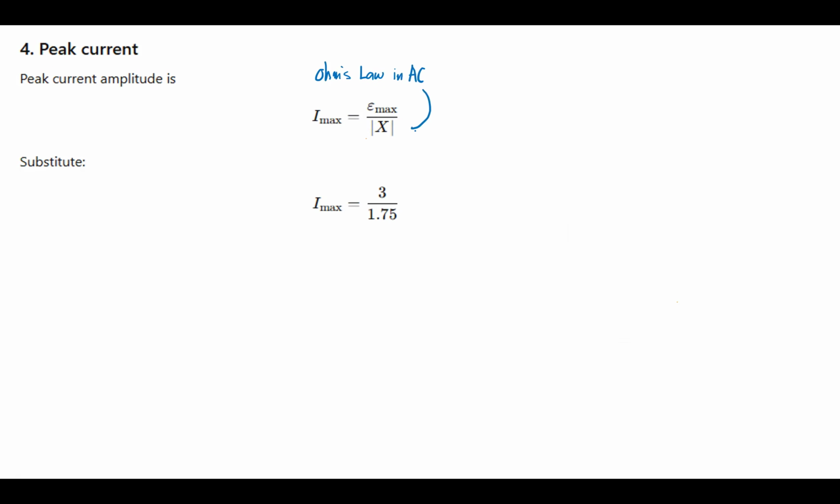Note that Z is, in this case, just X, because we don't have resistance. So only the reactance is the main source in Ohm's law. If you just plug in those values, you will get the current in amperes.